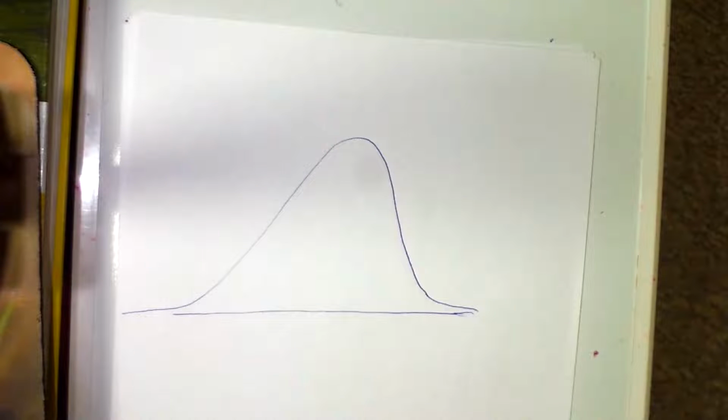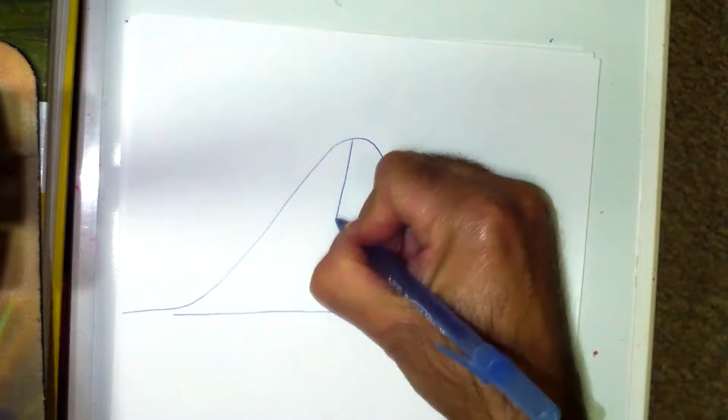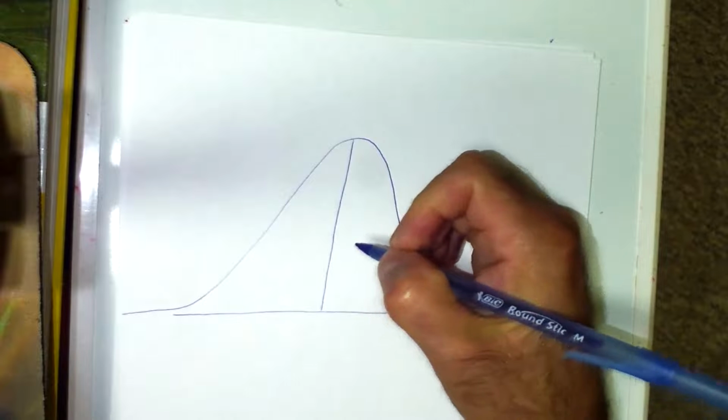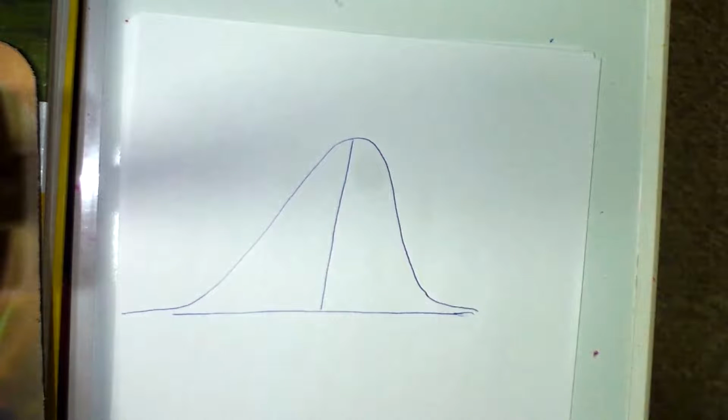Now, again, you're going to put a line here. Just like with the usual and unusual, min and max, you'll be given the mean and standard deviation. That's going to be given.